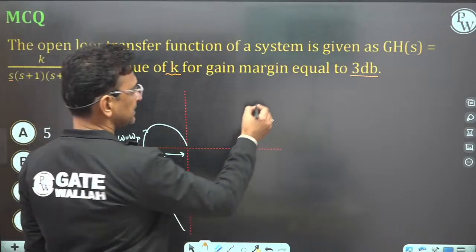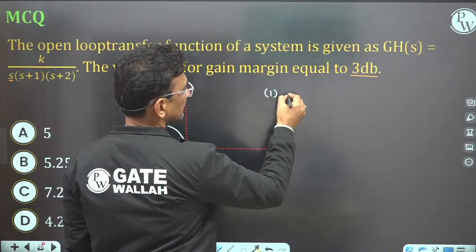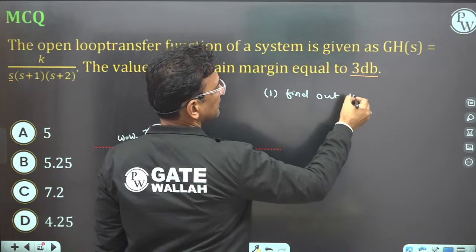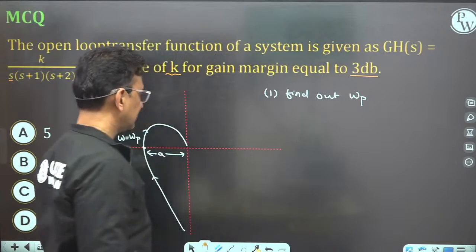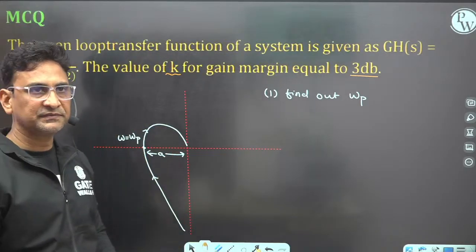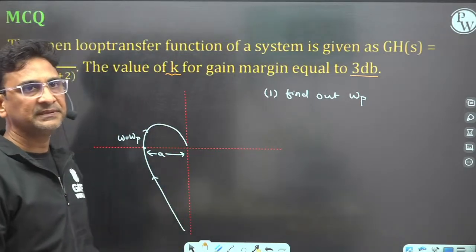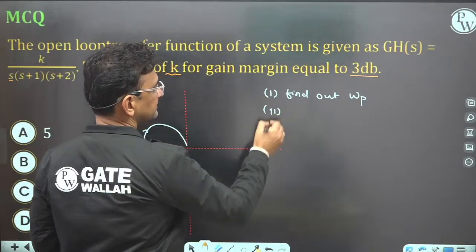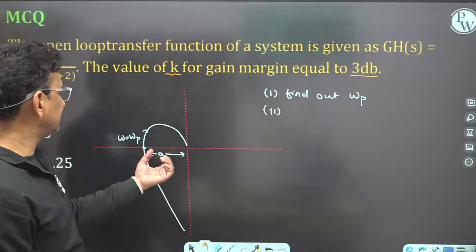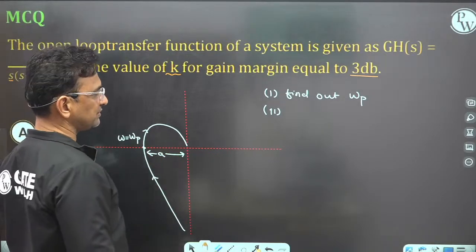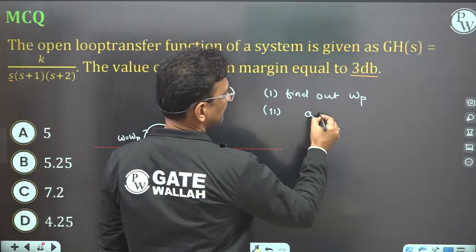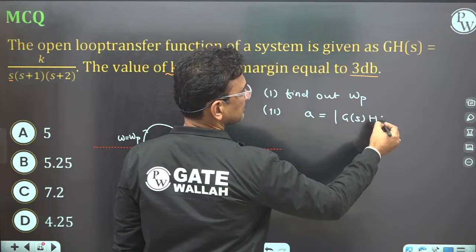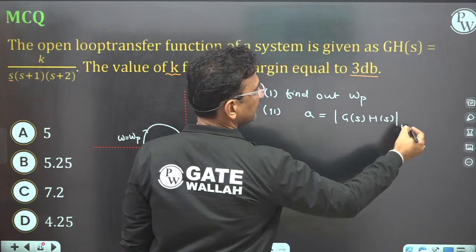Three steps are required. The first step is to find out omega p. Omega p is the frequency at which the phase angle of the open loop transfer function becomes minus 180 or plus 180. Now the second step is that at this omega p frequency, find out the magnitude of the open loop transfer function G(S)H(S) at omega equal to omega p.